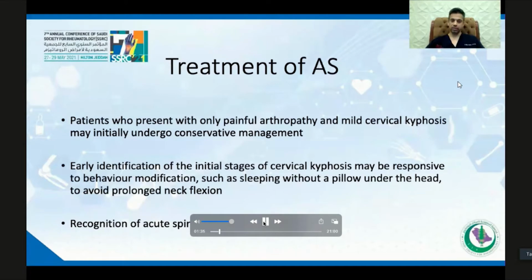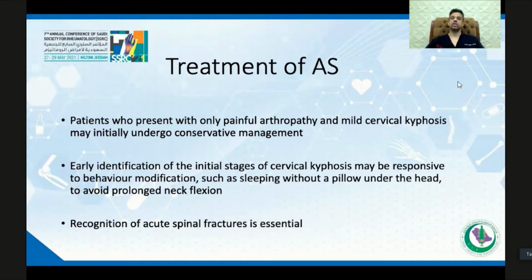The deformity can be lessened by behavioral changes, like asking the patient to use one pillow instead of two to help align the cervical spine closer to normal and reduce the kyphosis, avoiding sitting for a long time without good breaks, and doing some stretching maneuvers early on with the start of the disease, like lying down in prone position to help straighten the back into a normal position.